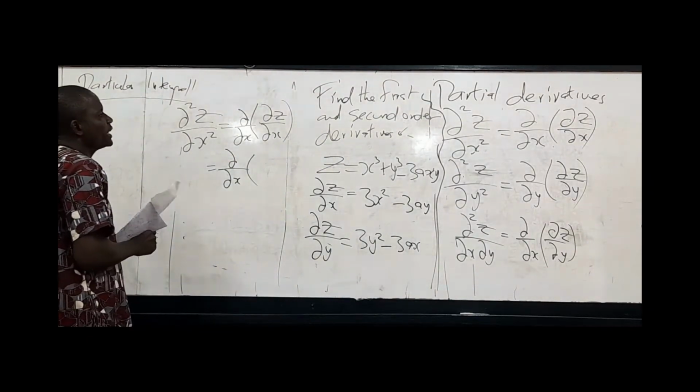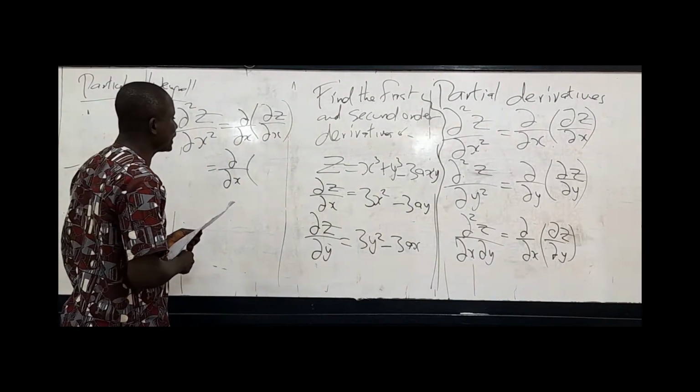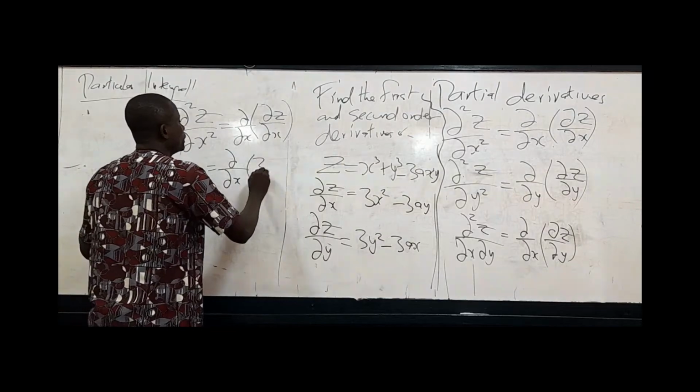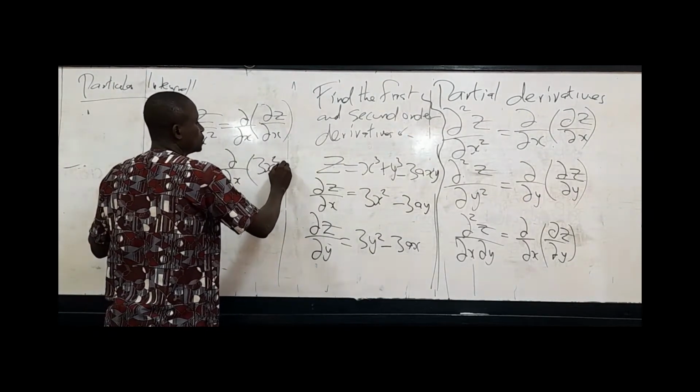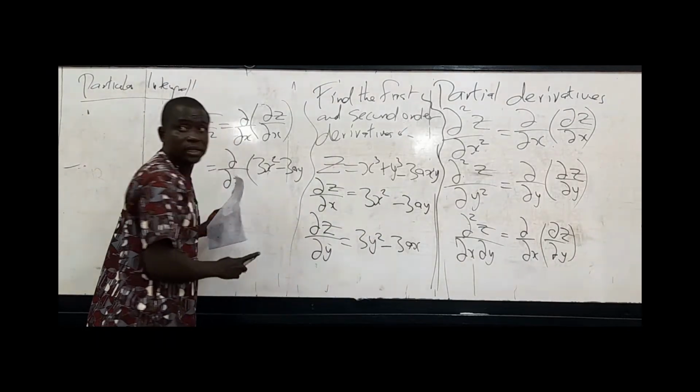But we know we have already differentiated dz/dx. What's dz/dx? It is 3x squared minus 3ay. This is what you are having now. Exactly.